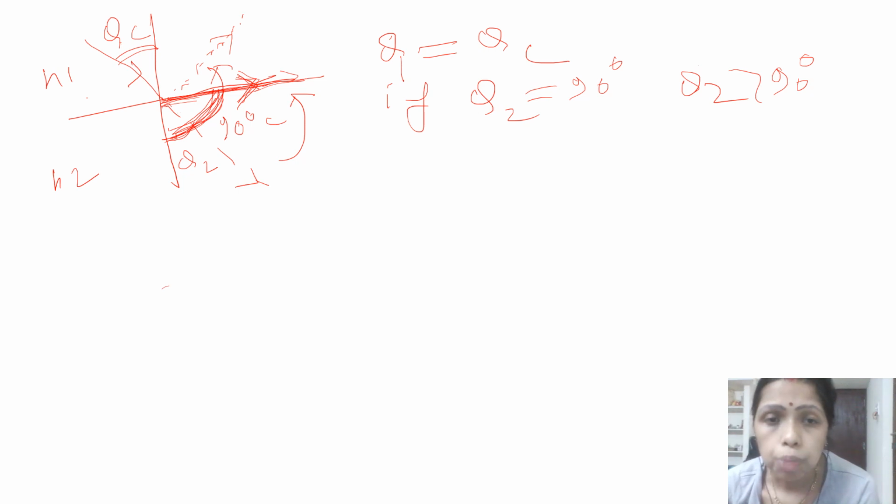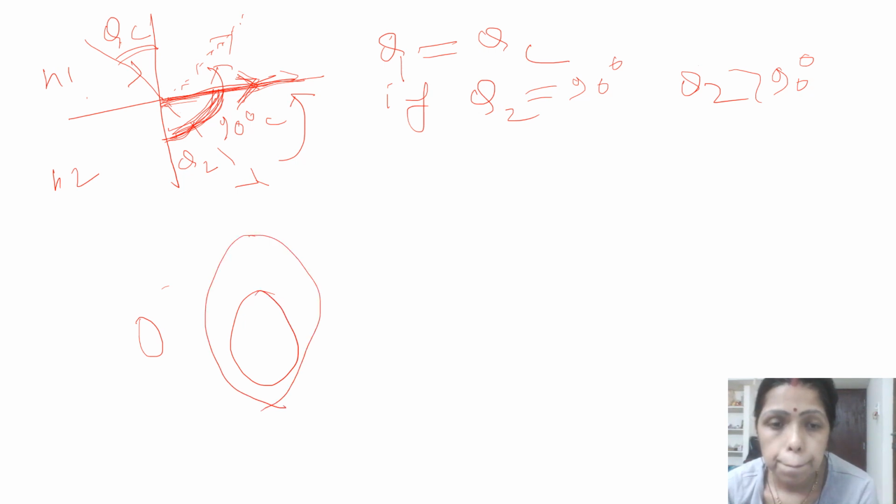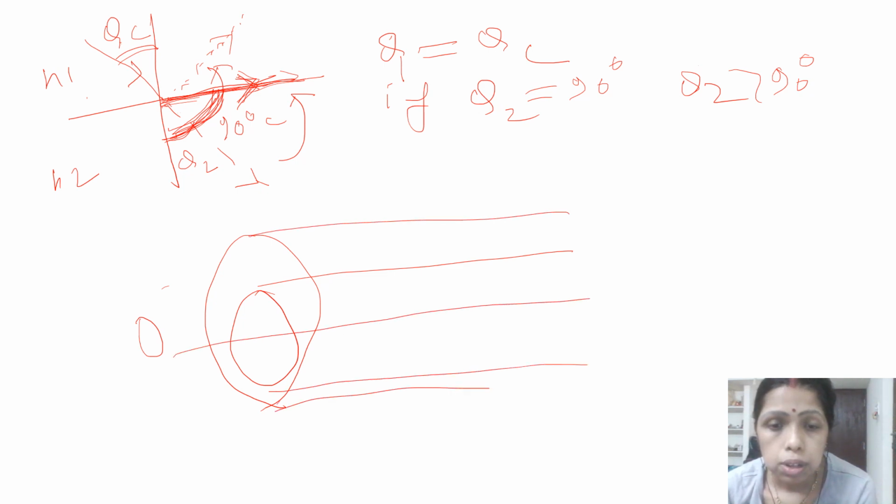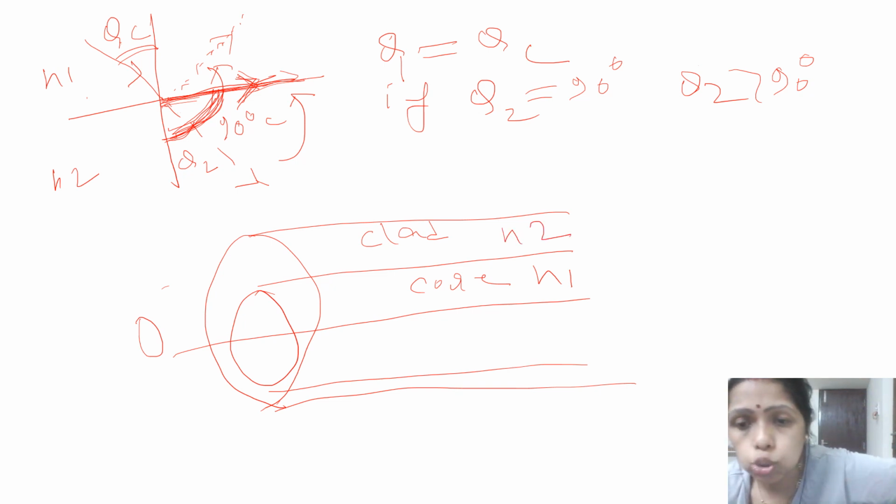Now come to the optical fiber. In an optical fiber, one is the inner layer, called the core, and the other is the outer layer, called the clad. Core refractive index, suppose eta 1, clad refractive index is eta 2.